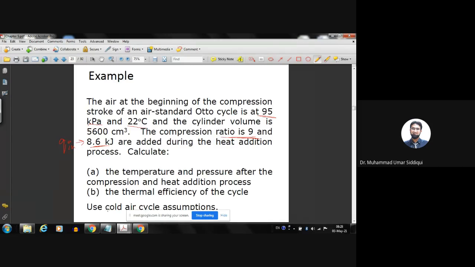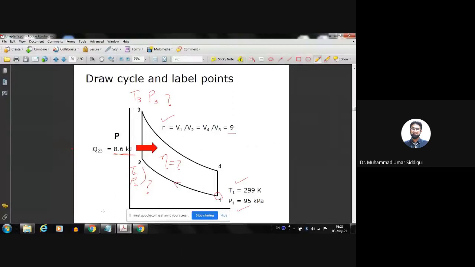We need to use the cold air standard assumptions.